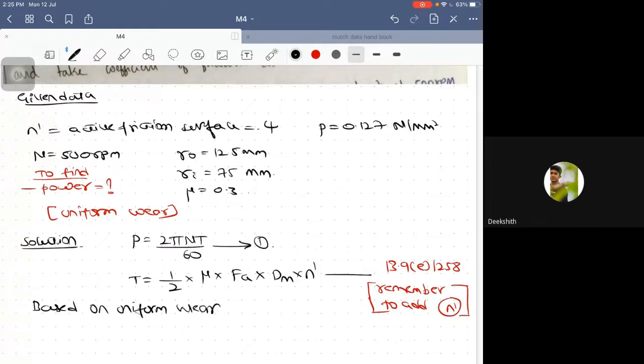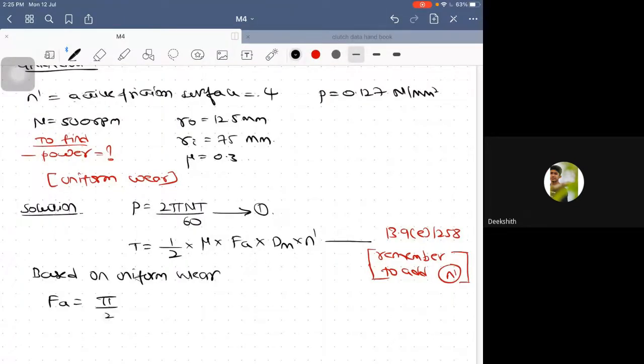So what is the value of Fa, the axial force, which is given by pi by 2 P di into d naught minus di. This particular equation is taken from 13.9 D, page number 258. From this, I have the value of radius.